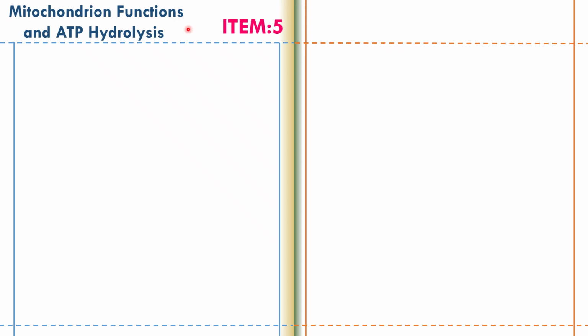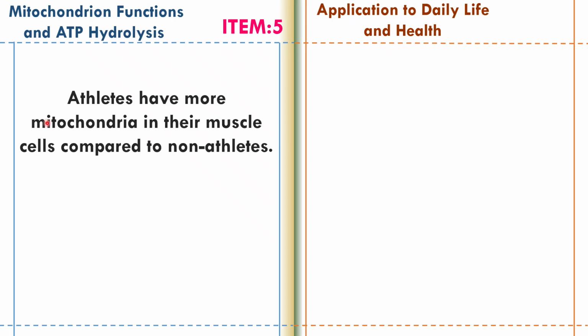Mitochondrion functions and ATP hydrolysis, item 5. Application to daily life and health. Athletes have more mitochondria in their muscle cells compared to non-athletes.